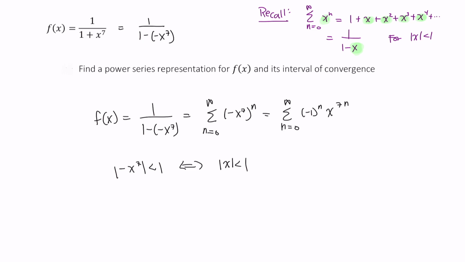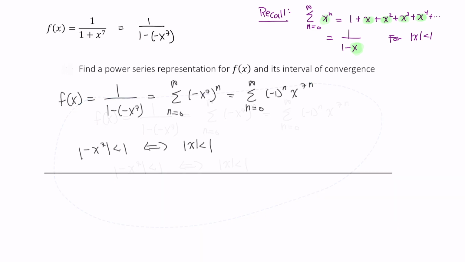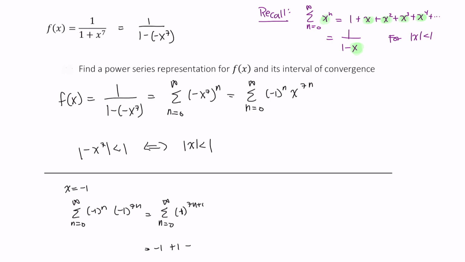All that's left to do is check the endpoints. What happens when x equals plus and minus 1? So let's see, when x equals negative 1, we have the sum from n equals 0 to infinity of negative 1 to the n, and I'm going to go ahead and pop the negative 1 here, so negative 1 to the 7th n. So really, this series is just going to jump back and forth between positive and negative 1. Take a look. Our first term will have a negative 1, then we'll have a positive 1, negative 1, positive 1, and so on.